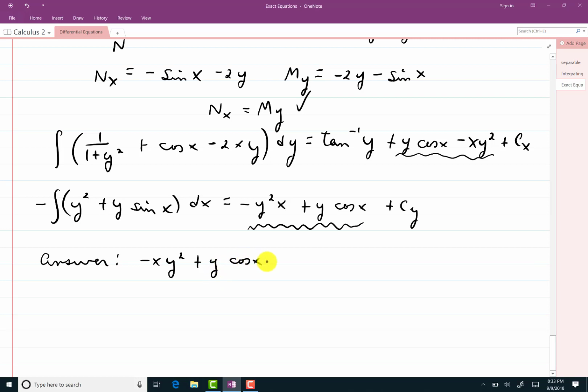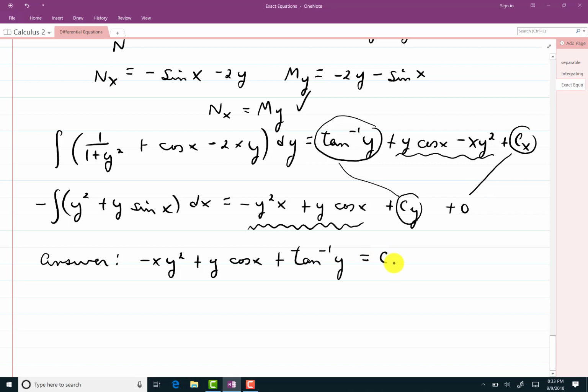Now let me see if I can find cx and cy. I see the cy is arctangent of y. The cx, though, must be 0. And that's equal to a constant.